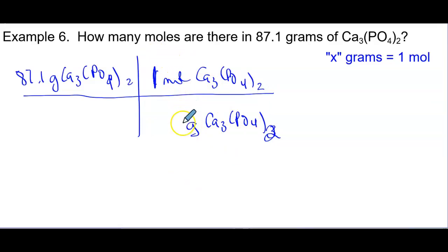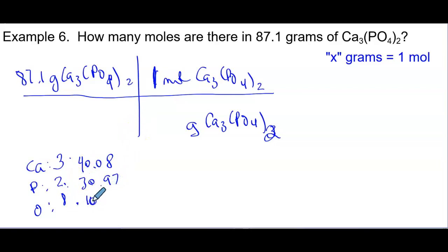Okay, so we have to calculate the X value here. We're going to go over to the side and think about the fact that I have 3 calciums, 2 phosphorus, and 8 oxygens. The molar mass periodic table number is 40.08 for calcium, and phosphorus, let me look, I don't know that one by heart, 30.97, I was close. And oxygen is 16.00.